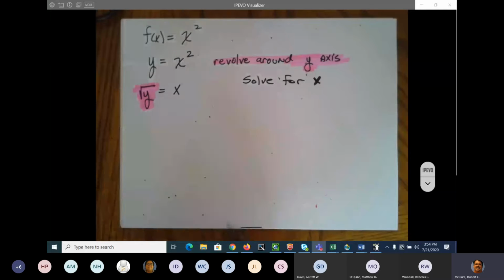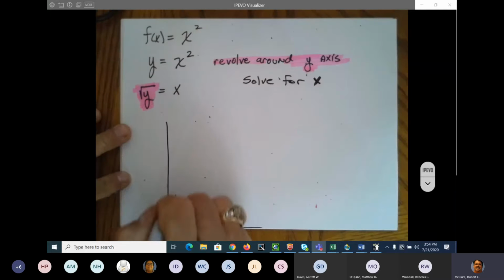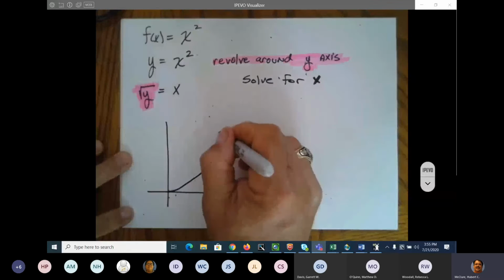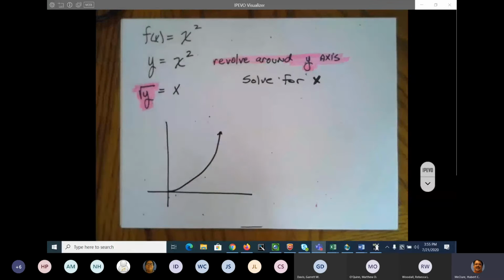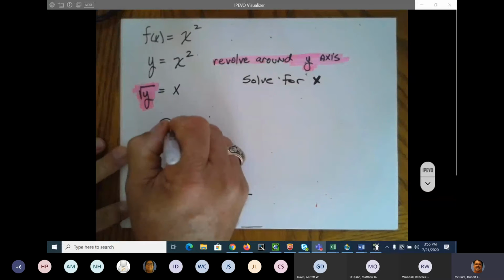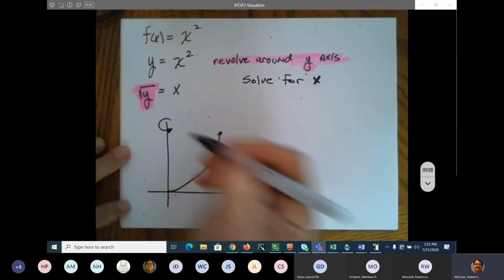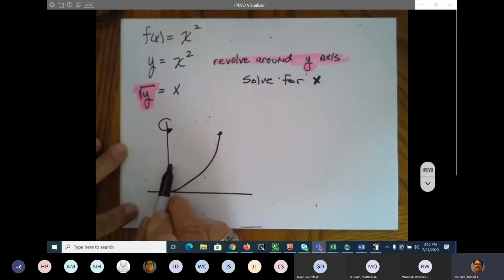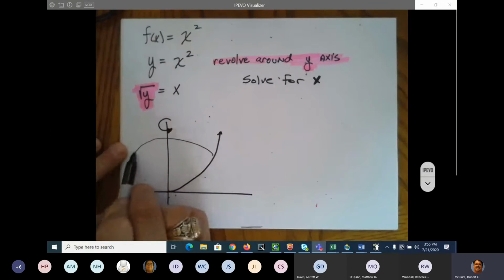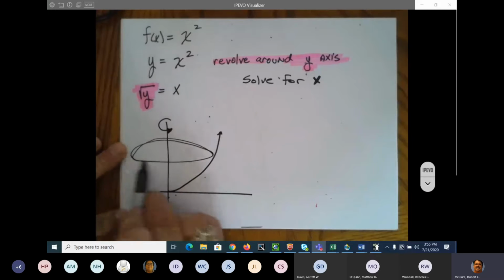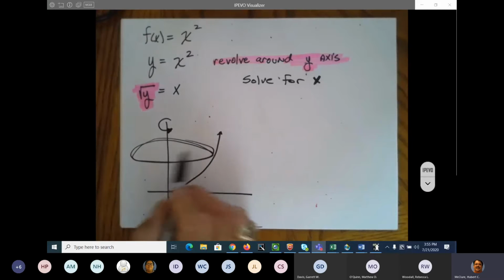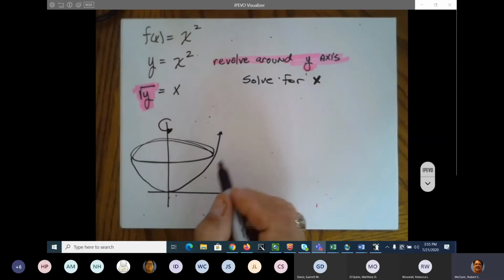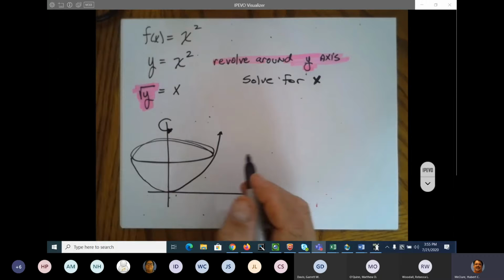So what does it look like? Well, here's your function. It's still y is equal to x squared. But this time you're revolving around the y-axis. So that's now going to be solid, and you're going to be moving up to whatever point, and then we'll go 0 to 1.